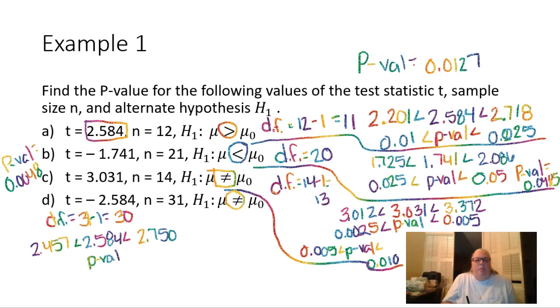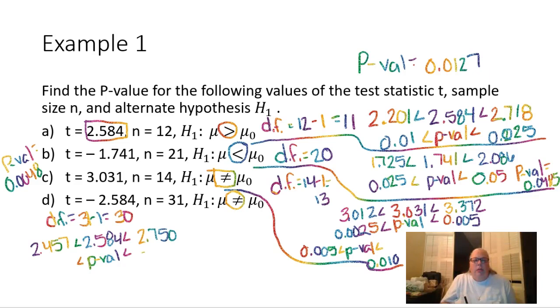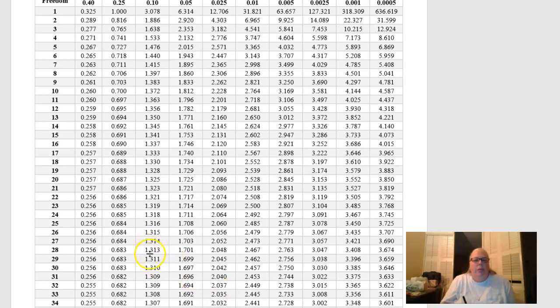That means that the p-value is going to fall in between what two values? 2.457 has an alpha value of 0.01, and 2.750 has an alpha value of 0.005.